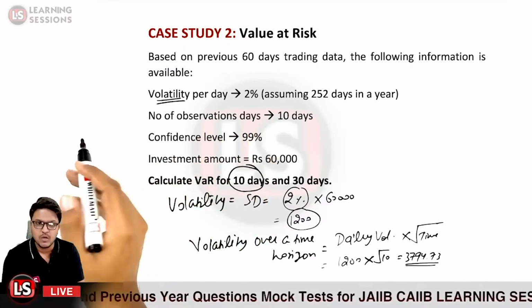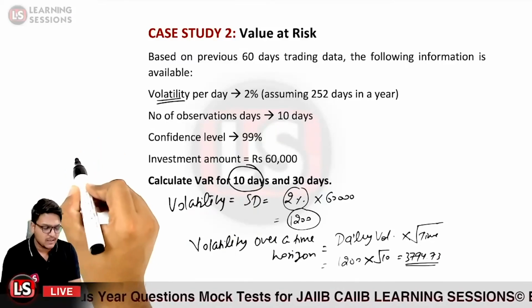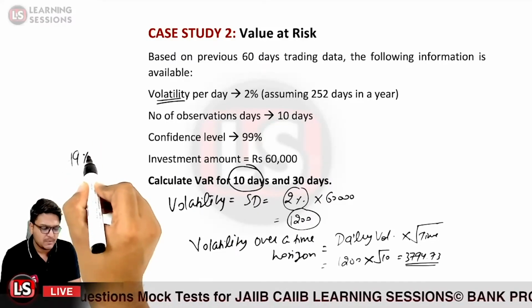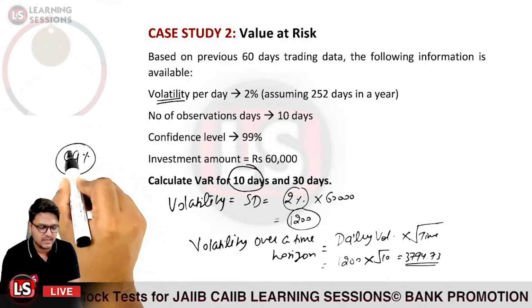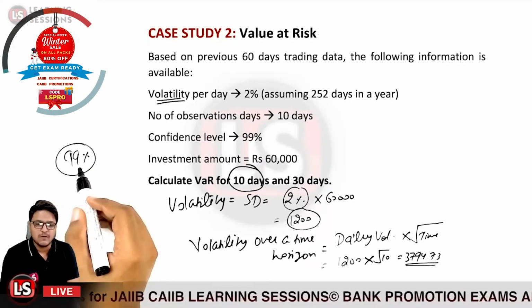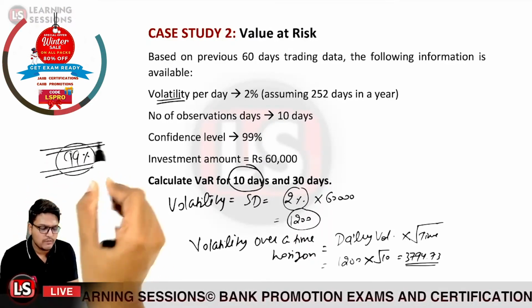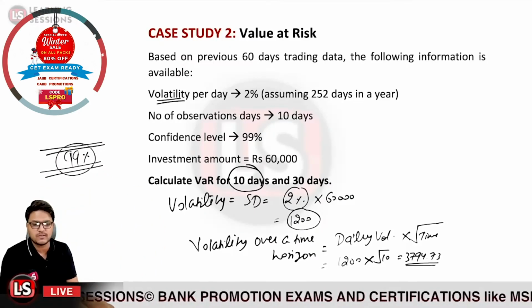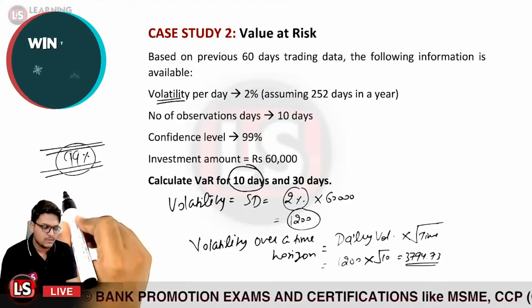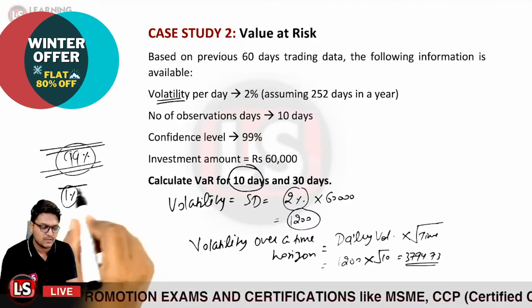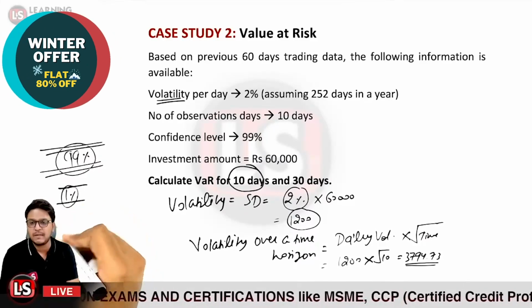What does it mean? If we say the confidence level is 99%, it means for 99% of the times there will be no events of risk. And only for 1% of the time there will be an event of risk. And for that particular purpose, we predict the value.